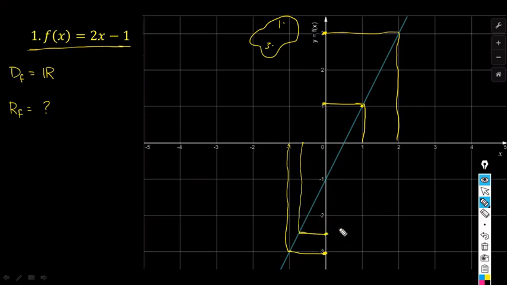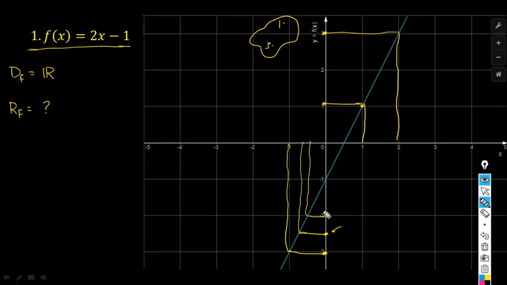So this number is also in the range of the function. So is minus 2, because for some number in the input, we get an output of minus 2.